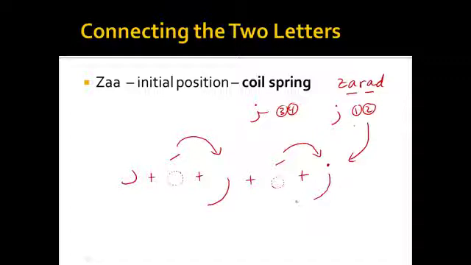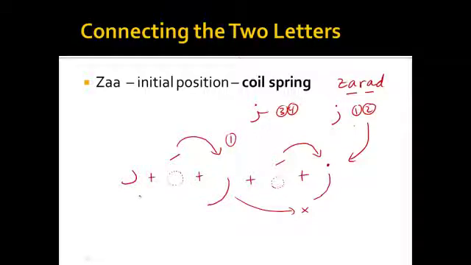And the ra here is not going to connect to the za, because the za doesn't connect. And the ra connects to what comes before it, but it can't because of the za. So the ra is going to be in the independent position.